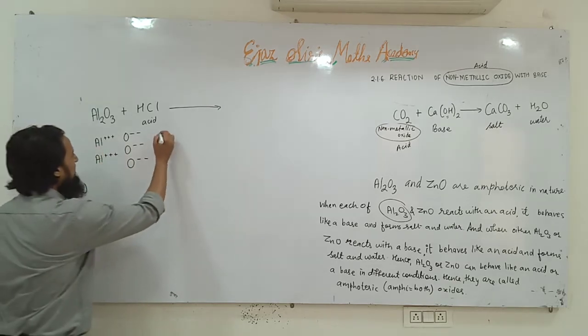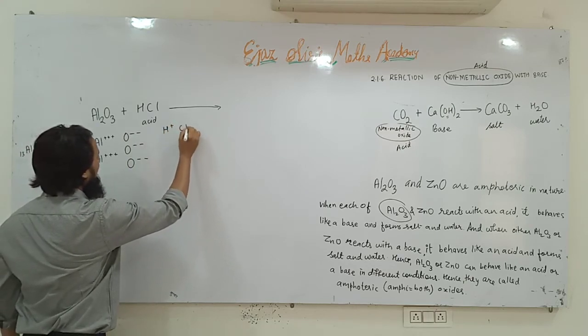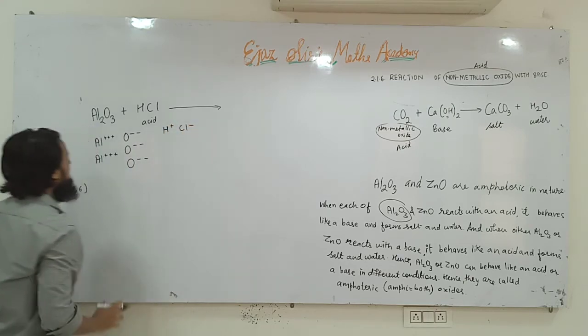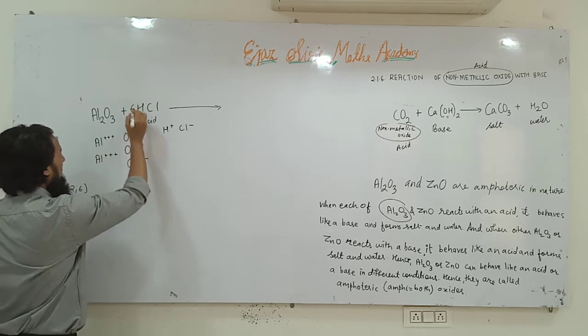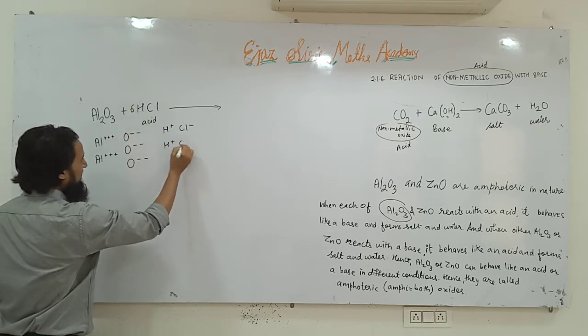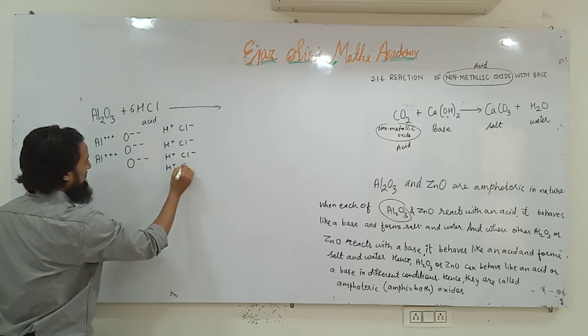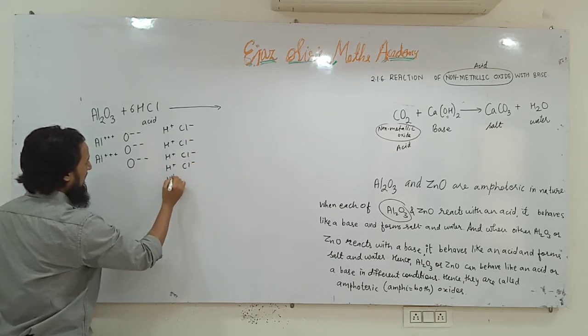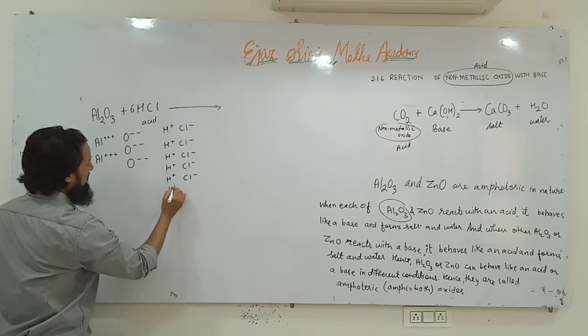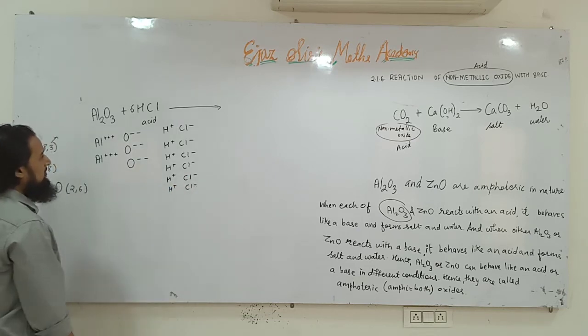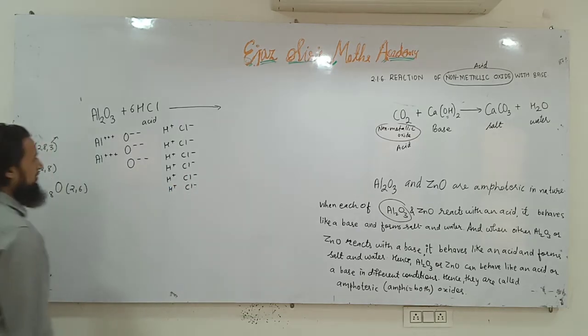Okay. And here it is H plus, Cl minus. Now how to balance? We will write 6. I know, so I am writing it directly without wasting time. Don't try to write 3HCl. If you write 3HCl, it will not be balanced.